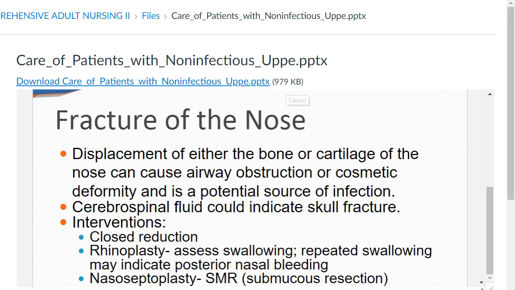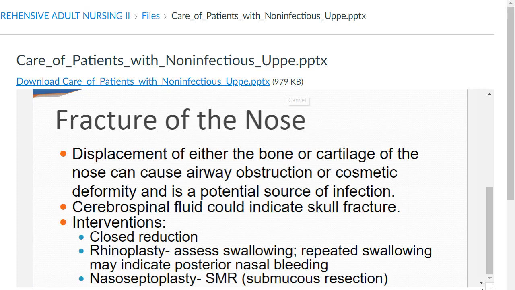Eat soft foods, limit Valsalva maneuvers, and avoid coughing or straining. They will be mouth breathers because of all the packing in the nasal cavity, so encourage them not to do a lot of sniffing upward or blowing the nose, and if they do have to sneeze, to make sure that they open their mouth to prevent all that pressure from building up.